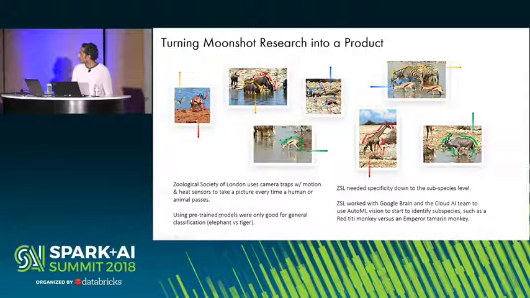And then we use pre-trained models initially, but all you can do there is tell if it's an elephant or a tiger. So they needed the specificity down to the subspecies level. That's where they used AutoML to start to identify specific subspecies, like that type of monkey versus that type of monkey.